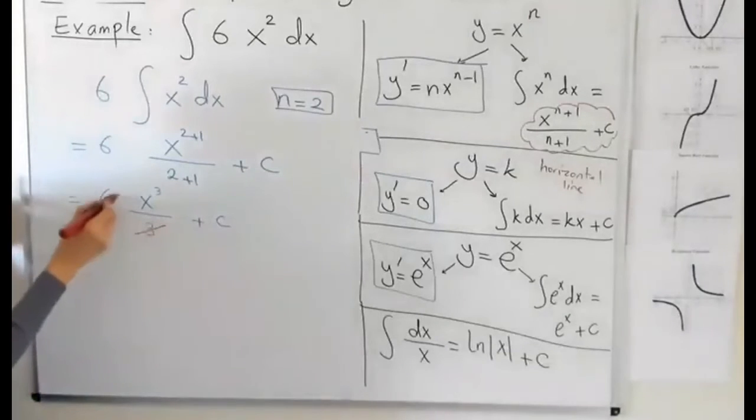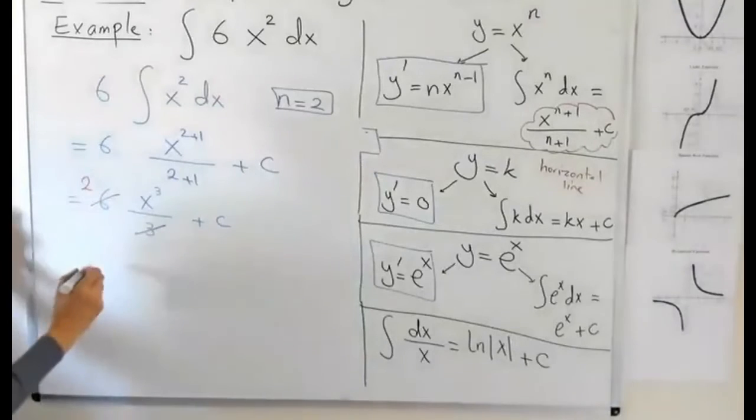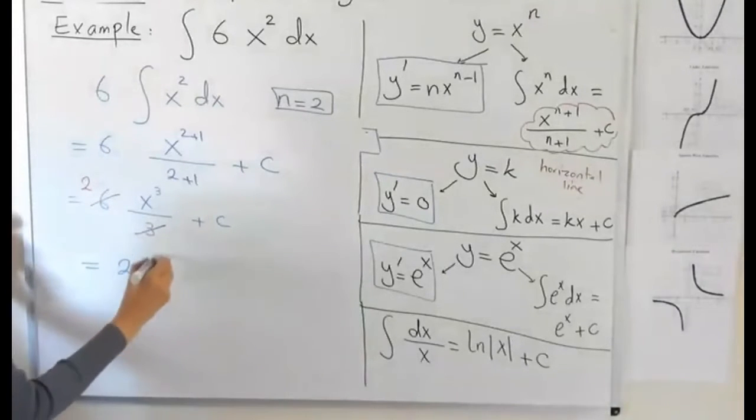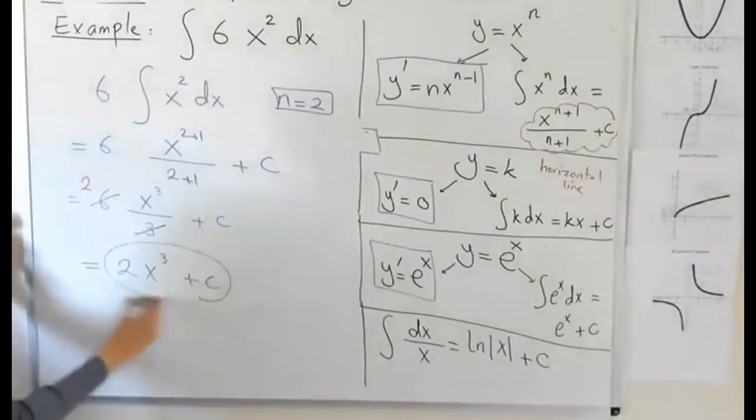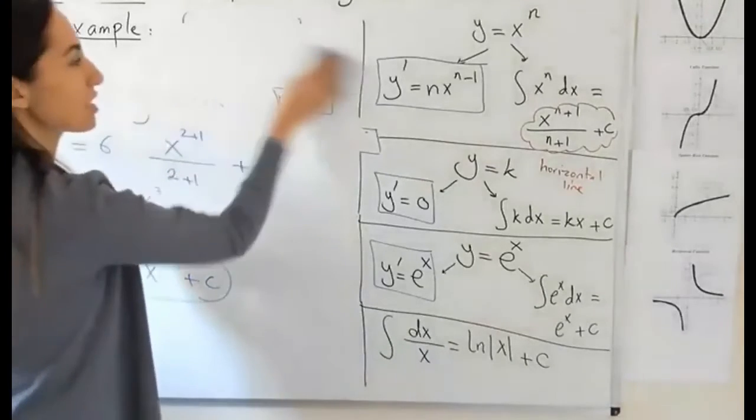Let us simplify this using algebra. You get 2 times x cubed plus c, constant of integration. Next example for you. More interesting examples are coming.